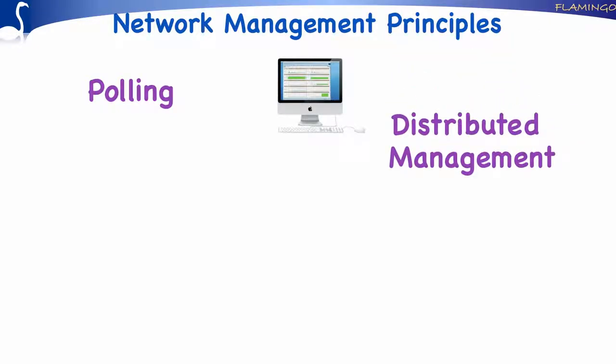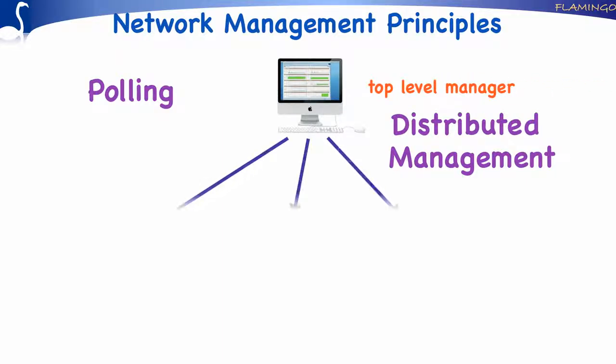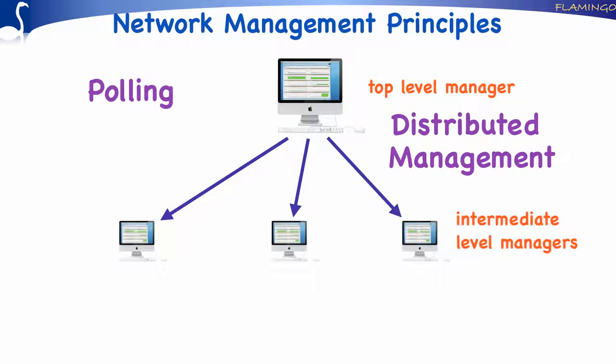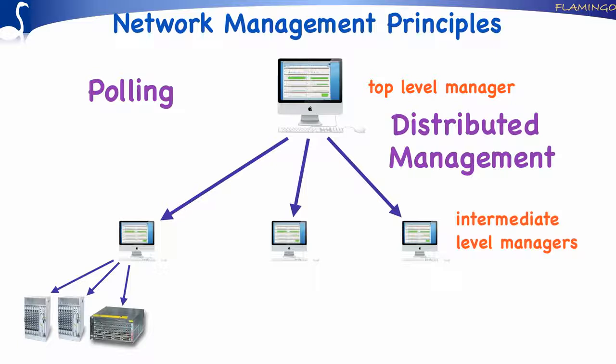To distribute the management functionality of the original manager, a hierarchy of managers can be created. In such hierarchies, the top-level manager interacts with the intermediate or mid-level managers, which in turn poll the various agents. Intermediate level managers may be tailored to the polling of one specific type of agent, such as all routers, or generic for all kinds of agents.